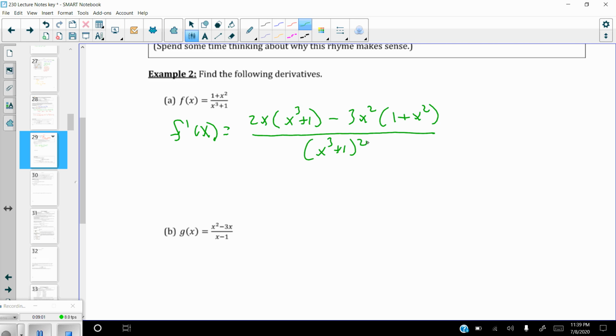squared. And it does not say don't simplify here, but in this case, we are not going to simplify. It is useful to simplify this for further things that we're going to be able to do in the future. But for now, I'm happy if we just get through the actual derivative. Okay, so let's go ahead and do the same thing for the g function down here.